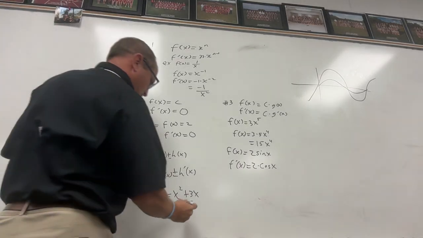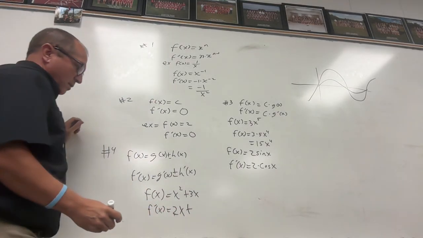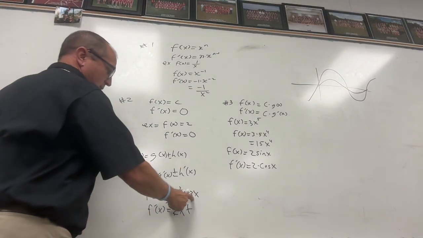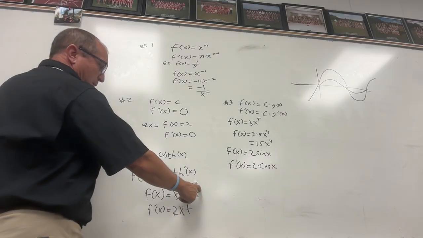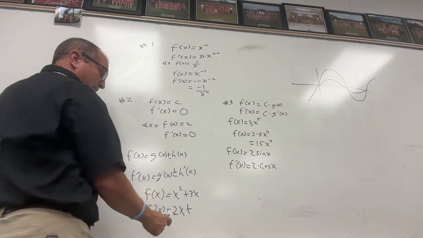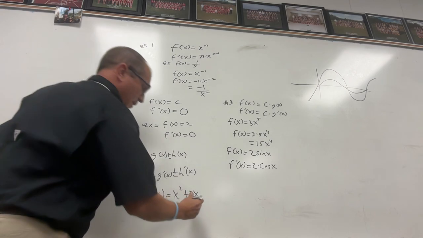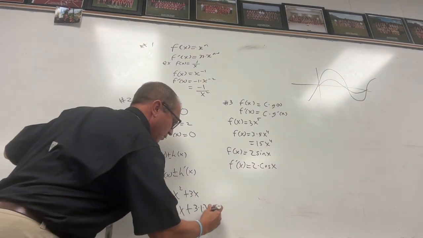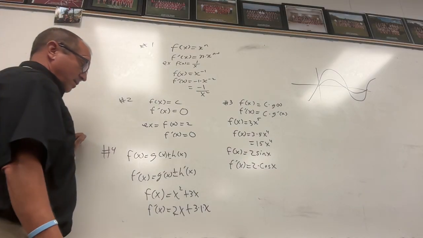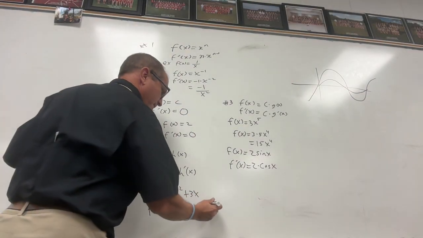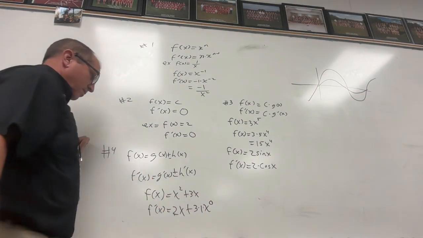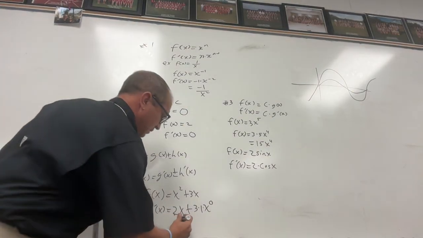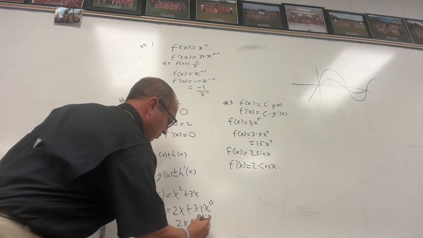Now, what about 3x? This would be my h of x. Well, what's my exponent with 3x? 1. So it'd be 3 times 1 times x to the, what's 1 minus 1? 0. And what is x to the 0? 1. So my answer is 2x plus 3.